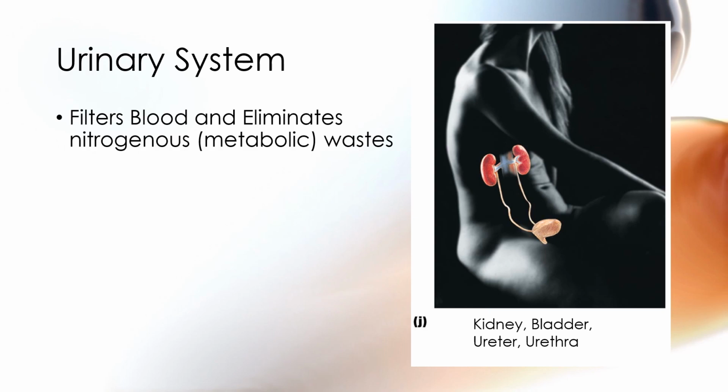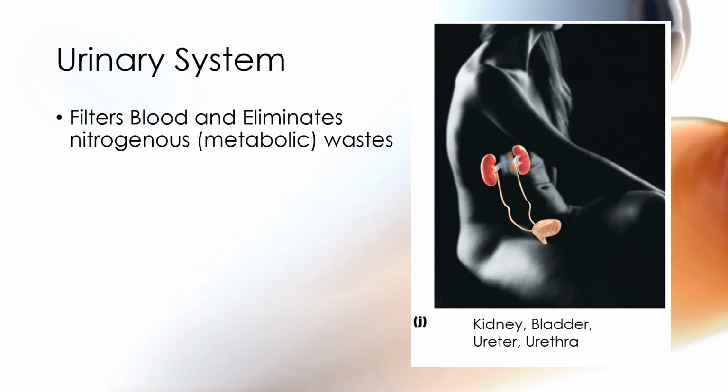So now the urinary system. So when we think about the urinary system, we think about the bladder, right? Urine. But really, we need to remember the kidneys as well. So the kidneys are really the big player in the urinary system, because what do the kidneys do? They are going to filter blood. So all of our blood is going to go through the kidney at some point.